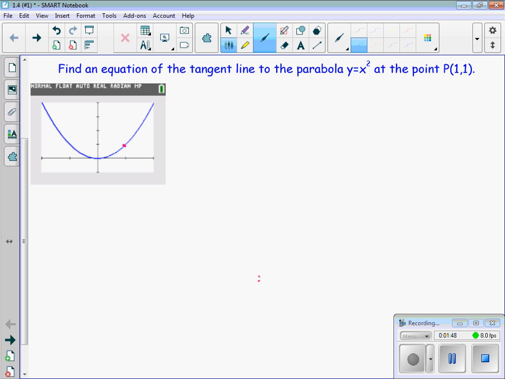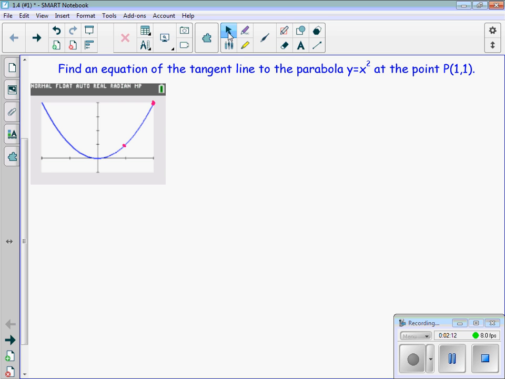Okay, that's way better. So we're trying to find the equation of the tangent line to the parabola at that point. We could kind of sketch it and take a guess, but we don't want to do those things. What we do with the AB class, and I'm going to fly through this with you guys, is we start with a point up here at (2, 4), and I draw what's called a secant line that goes through those two points.